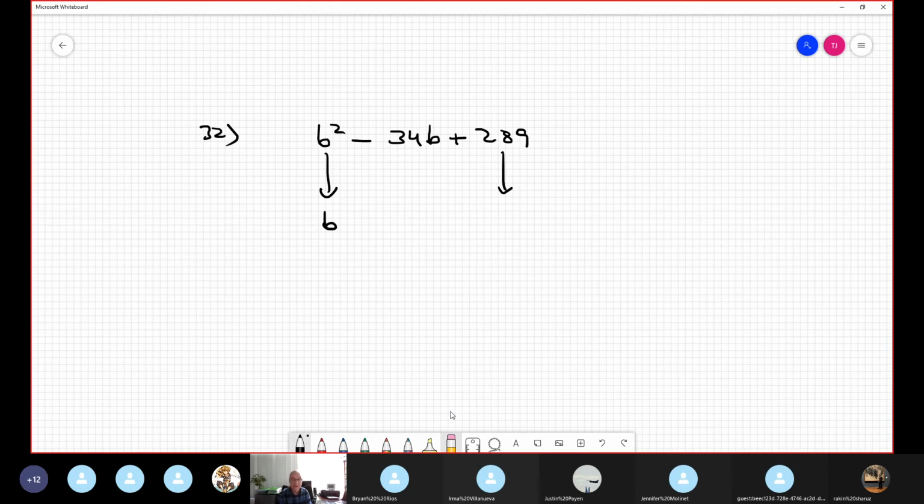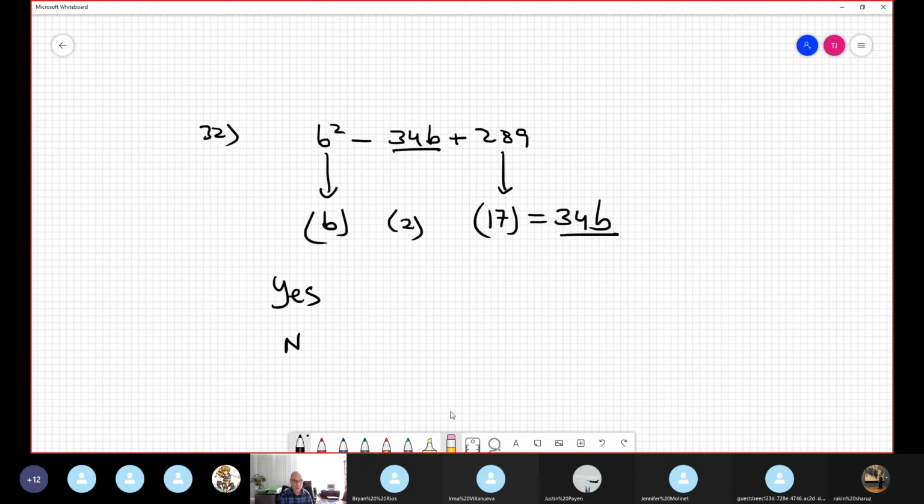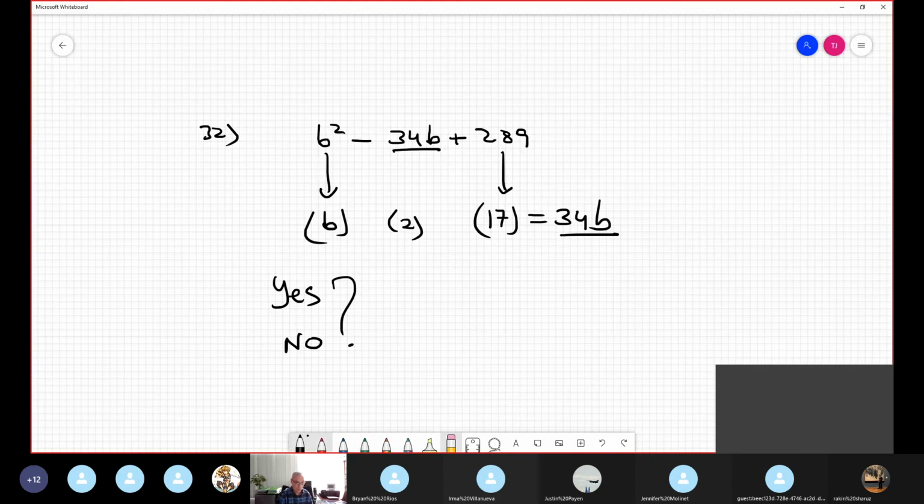The answer is 17. And when you multiply 17 times b times extra 2 is 34. It's 34b. It's exactly the same. The answer is perfect square or no? The answer is yes or no. It's perfect square or no? Yes. Yes. The answer is yes.